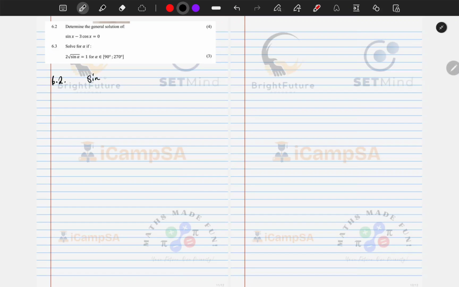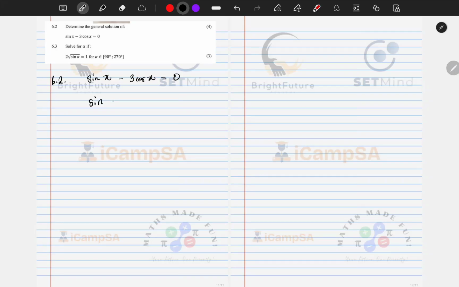So we are just going to say sine x minus 3 cos x is equals to 0, right? So what I want is a situation where I can have a tan, because I have trigonometric ratios that can divide each other and give a tan.